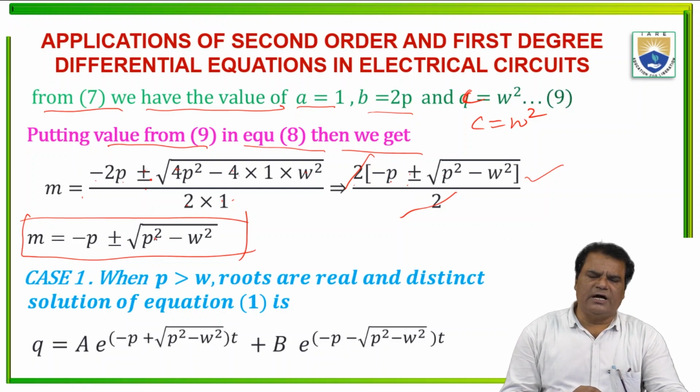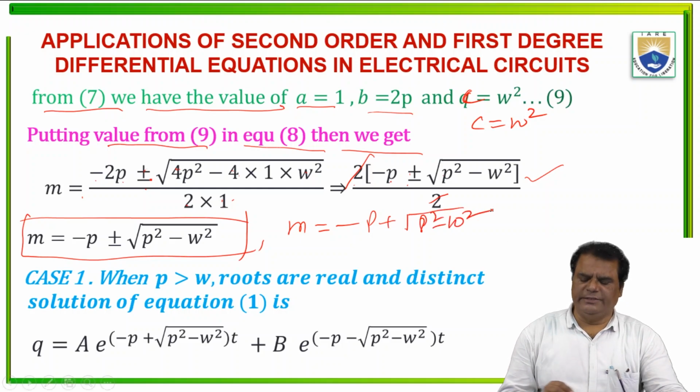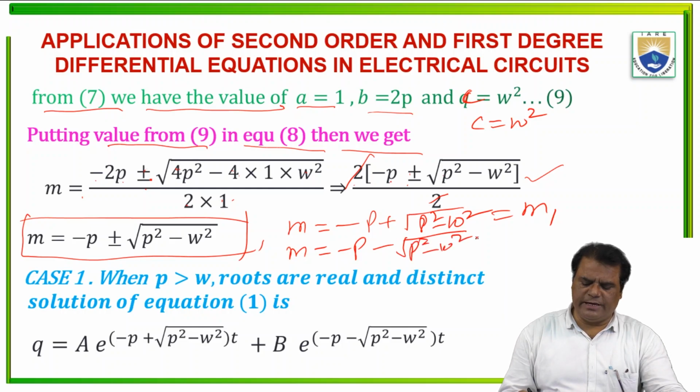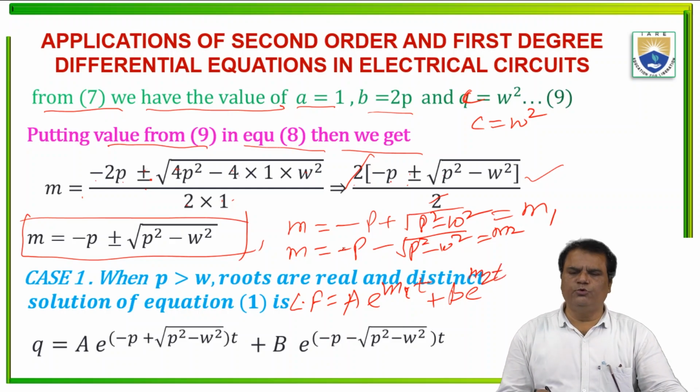So there are two roots of M. M equal to minus p plus under root p square minus w square; this is M1. Next, M equal to minus p minus under root p square minus w square; this is M2. Here the CF, the complementary function, is A e to the power M1t plus B e to the power M2t, because the roots are different.